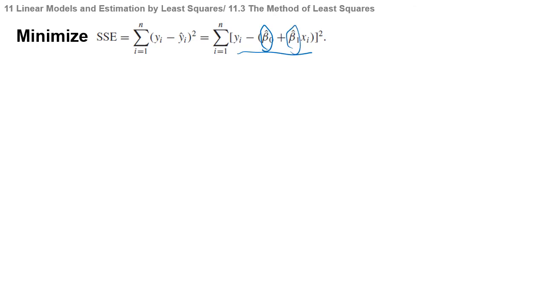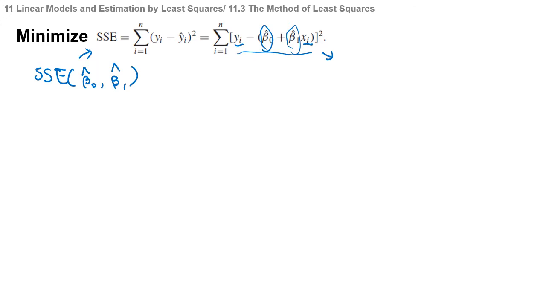So this function is SSE of beta 0 hat, beta 1 hat, and the xi and yi are given. Let's look at the shape of SSE with respect to beta 0 hat and beta 1 hat.